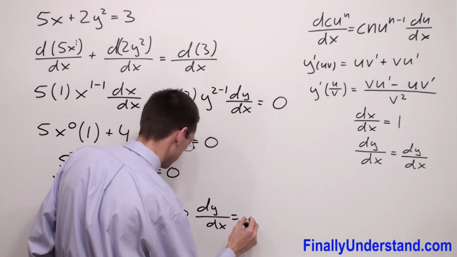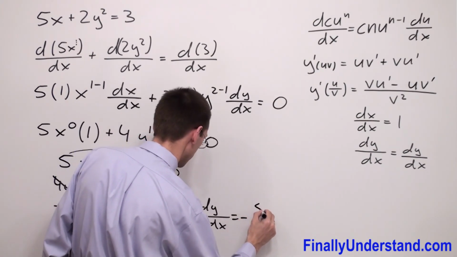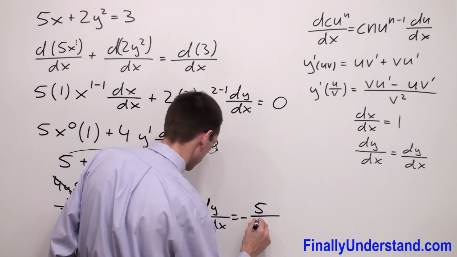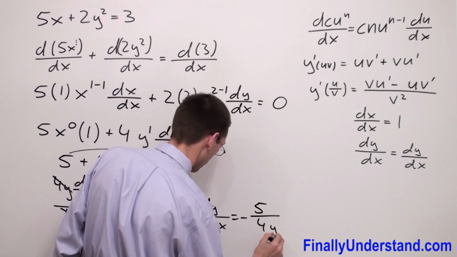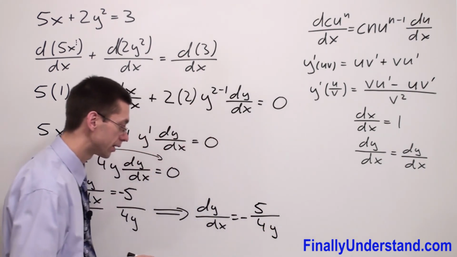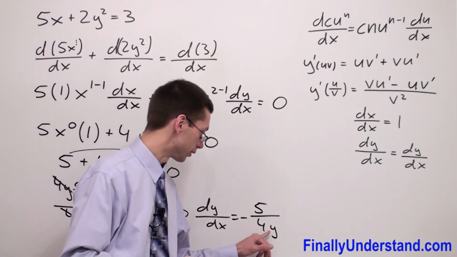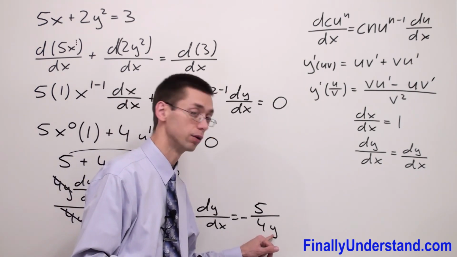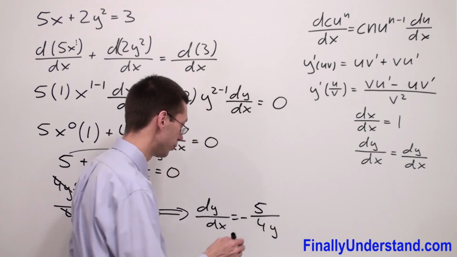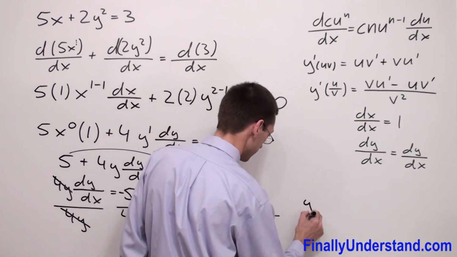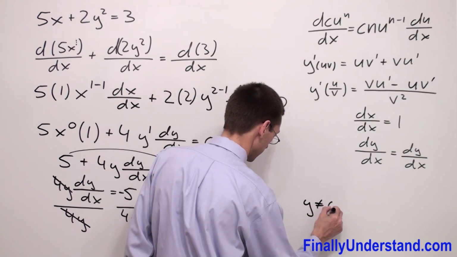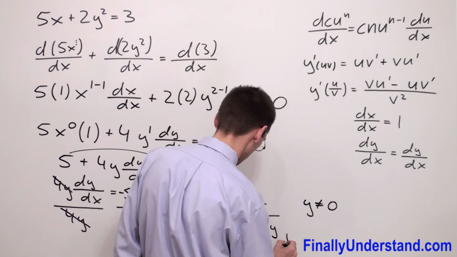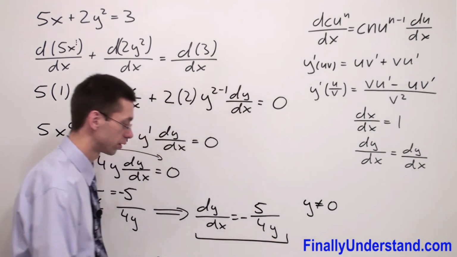This is equal to negative 5 over 4y. But keep in mind that the denominator contains y. This is unknown, right? This is the variable. You have to keep in mind that y, in this case, has to be different than 0. Okay, so this is the solution to my problem.